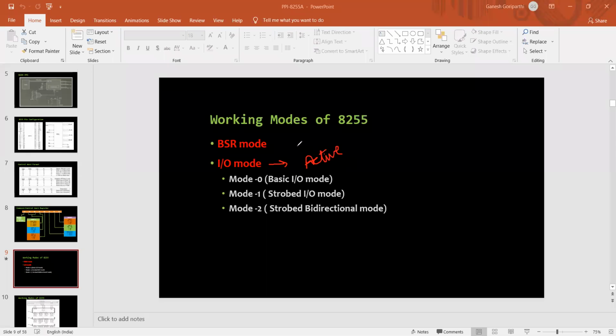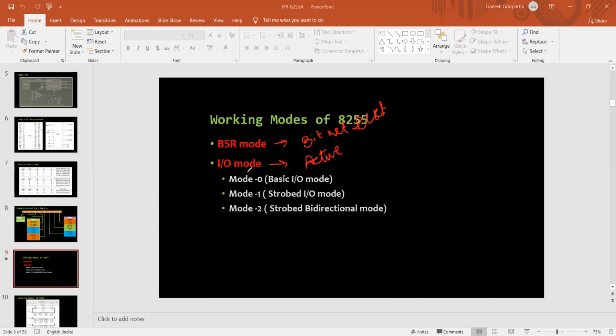This is active mode, and this is called bit set reset mode.